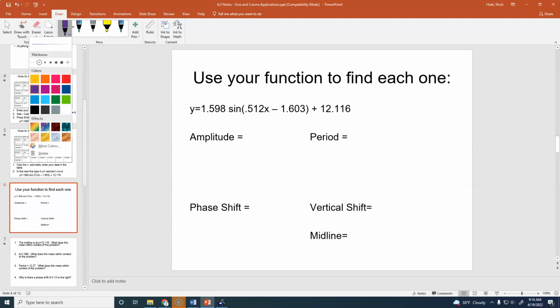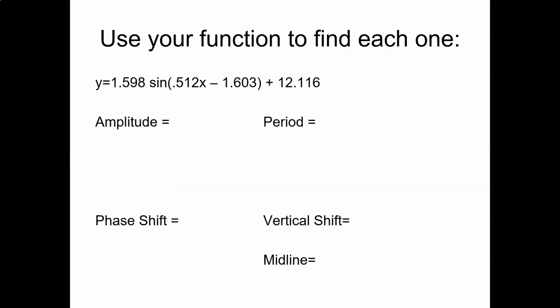So for our amplitude, Maddox, what is the amplitude of this graph? Very good. All right, let's see. Bronwyn, how are we going to find the period of this graph? Good, 2 pi over b.